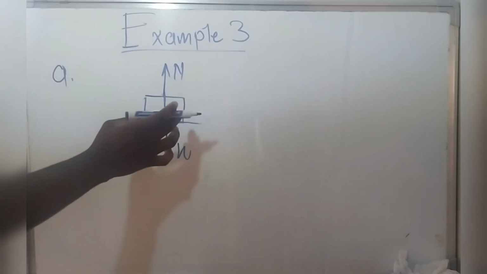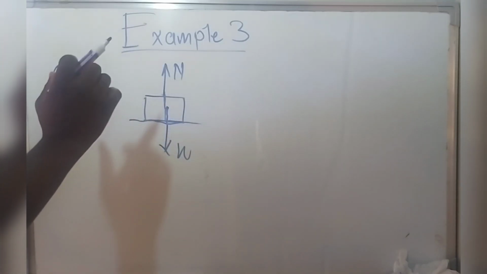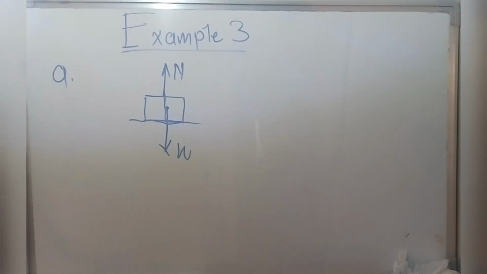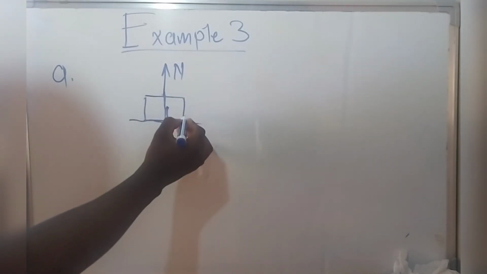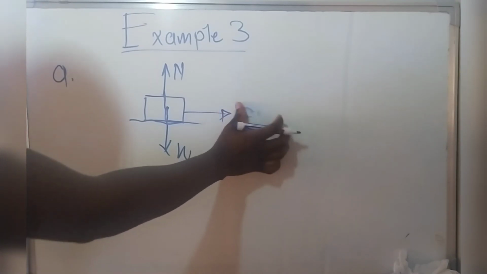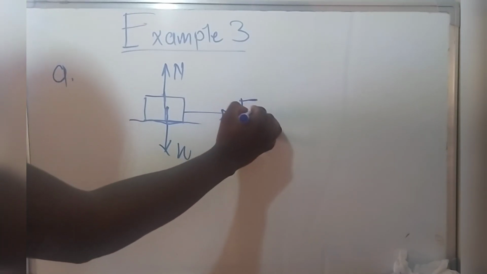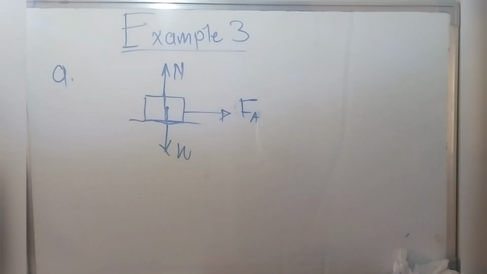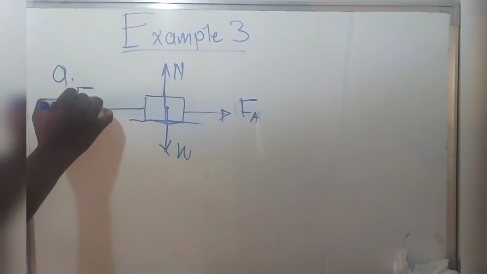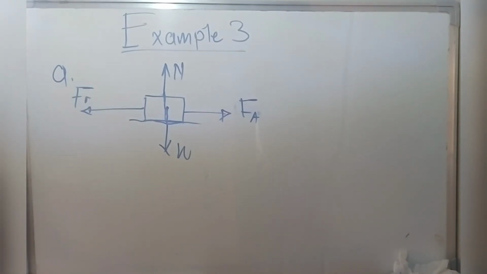The weight is exerted from the center of mass. And then there's a constant force F of 90 newtons. Let's just say it's F applied. And then there's a frictional force, Fr. So this is how we would do the first question.